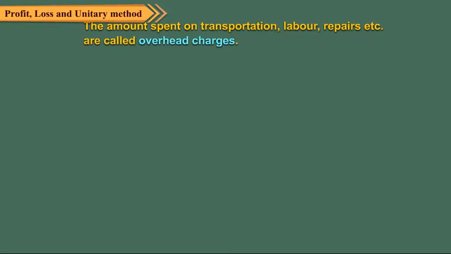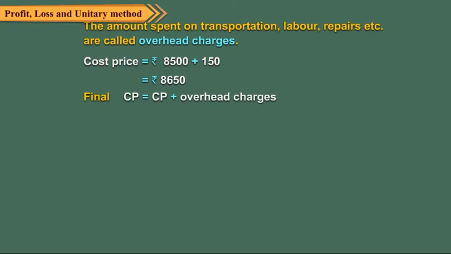It means the total amount spent by Mr. Agarwal to buy this almirah is rupees 8,500 plus 150, that is rupees 8,650. So, the cost price of the almirah for Mr. Agarwal is rupees 8,650. It means to find the final cost price of an article, overhead charges are added to the amount at which the article is bought.